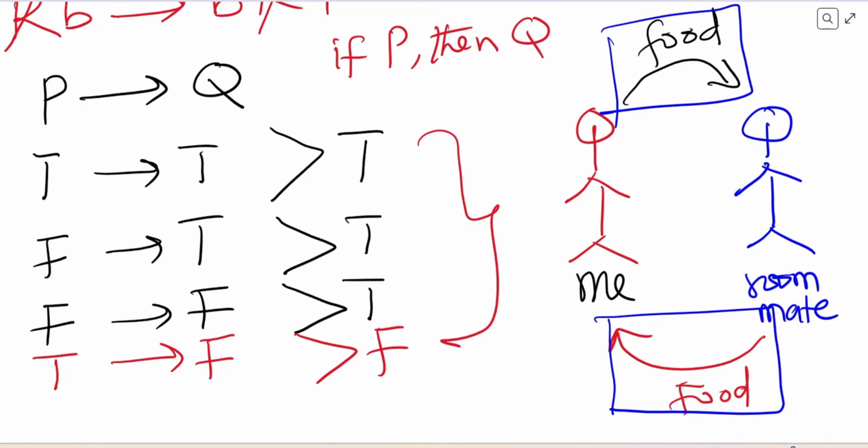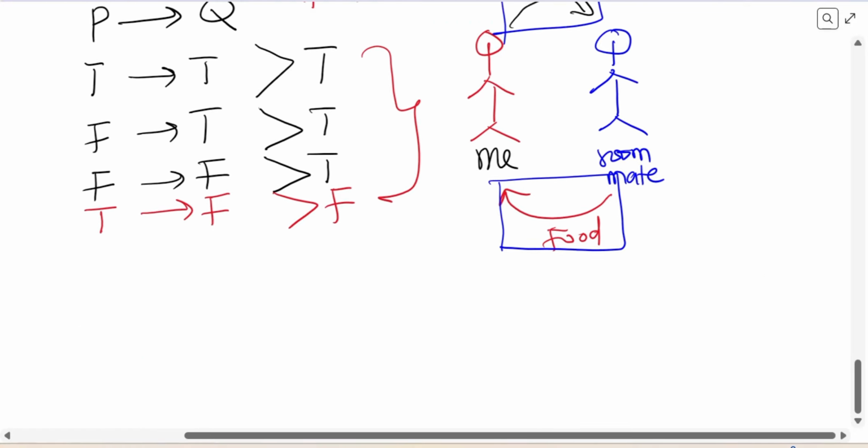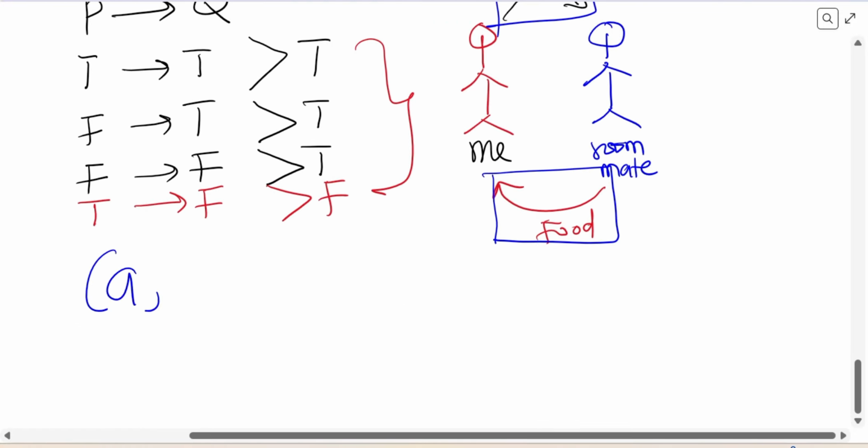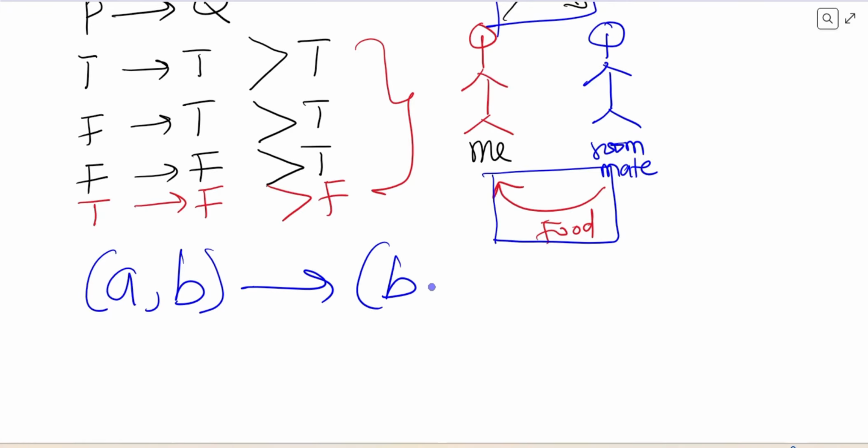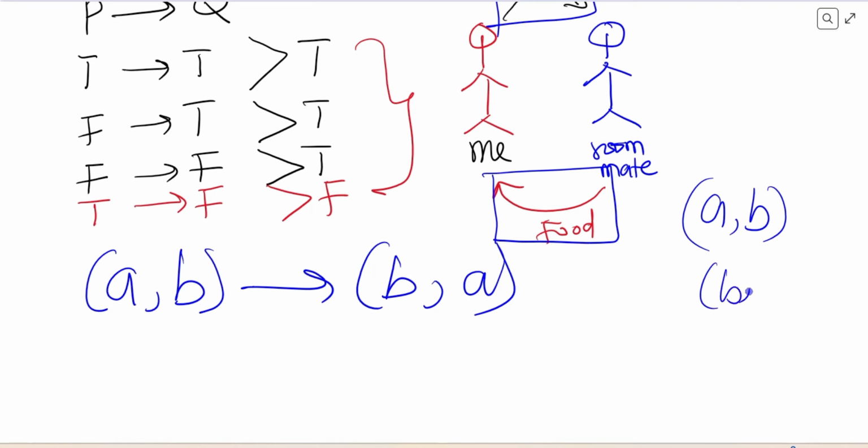So that is what we are saying here, that if a is related to b, then b must also be related to a. If you don't see (a, b), it means that you don't expect to see (b, a). And in that case, the relation is still symmetric.